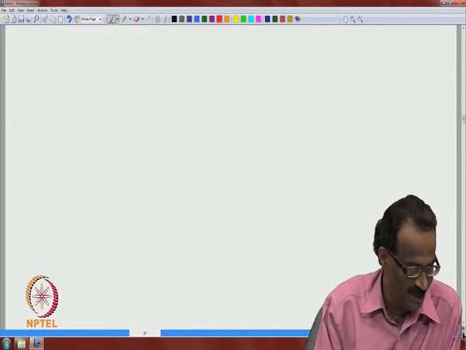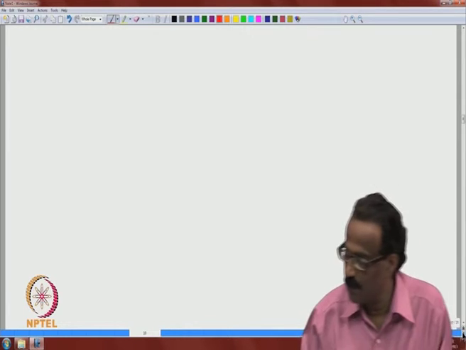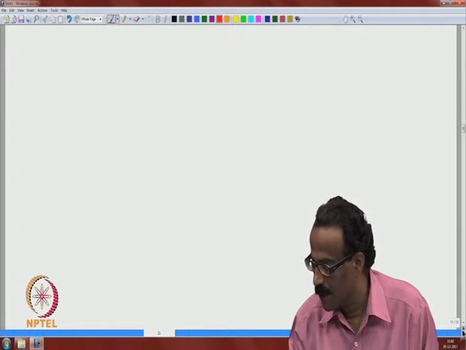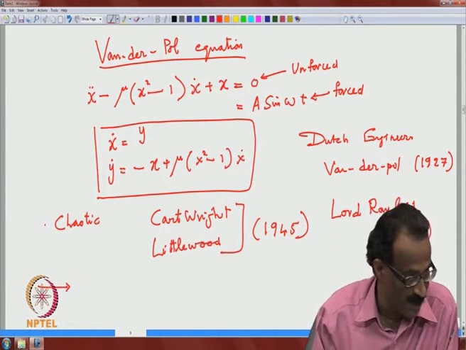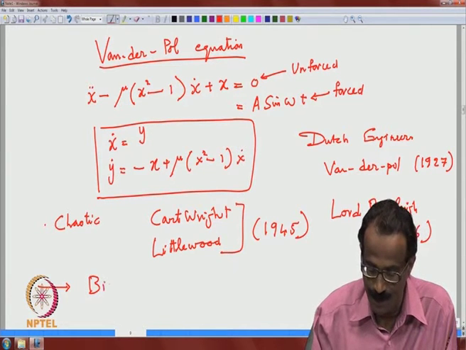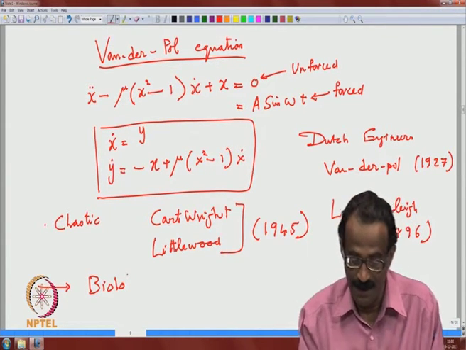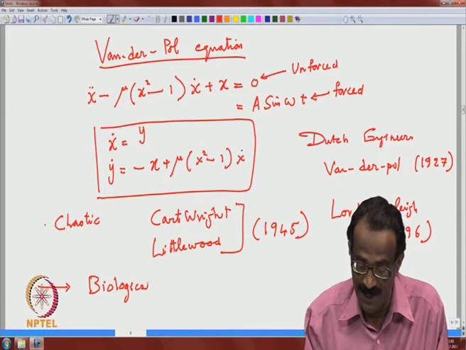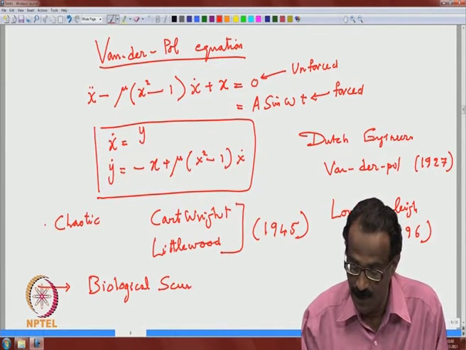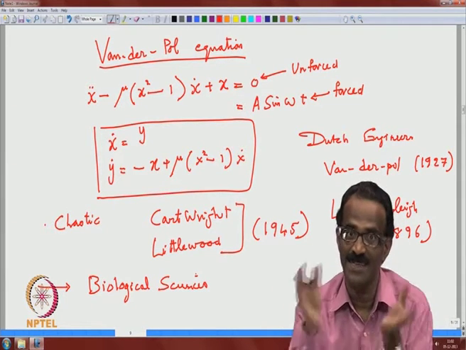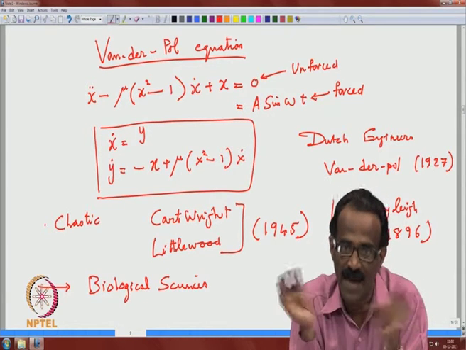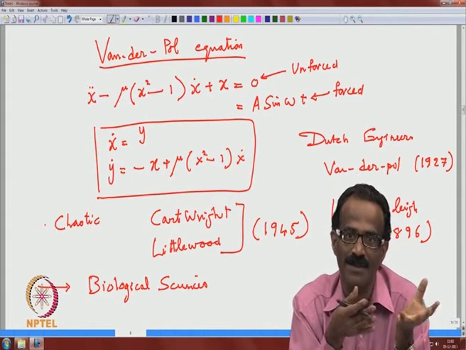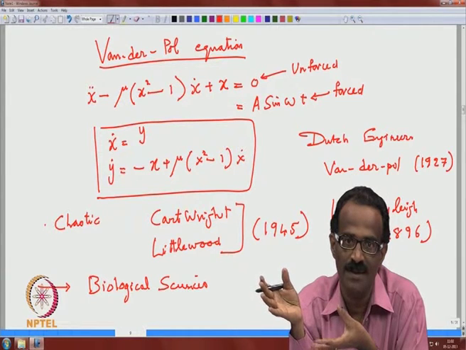Of course, one more thing: these equations have applications not only in this kind of area, but also in the biological sciences. As you have already seen, the same equation may have different interpretations in different settings, just like the second order equation which we derived and analyzed comes from a mechanical system but also from other systems.